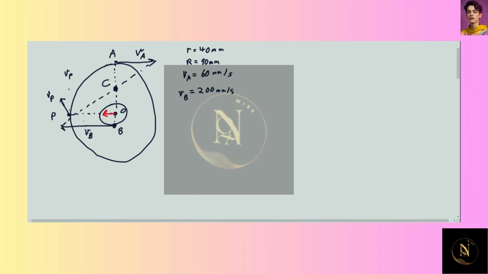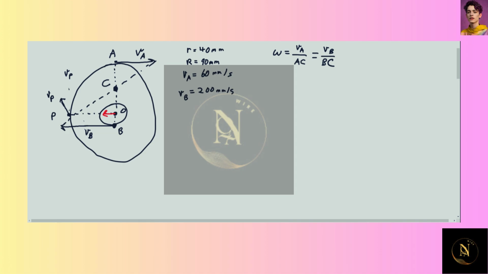Okay, so what we need to do then is figure out what that angular velocity is, and we can do that by saying omega should equal VA over the distance AC, but this also has to equal VB over the distance BC. But we don't know AC or BC yet.